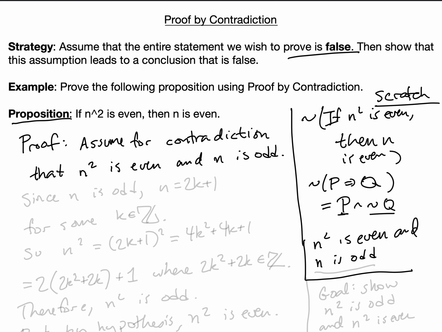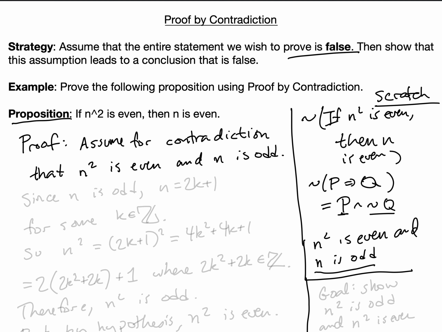Okay, so we've made this assumption, and now we want to arrive at some kind of contradiction. There are lots of different contradictions that one could arrive at, anything that is not possible. One thing that is not possible is that an integer cannot be simultaneously even and odd. So let's try to prove, given that n is odd, that n squared must also be odd.